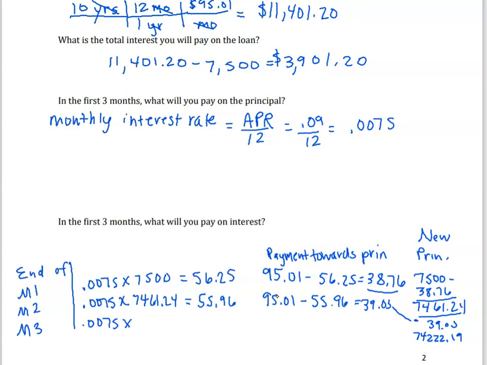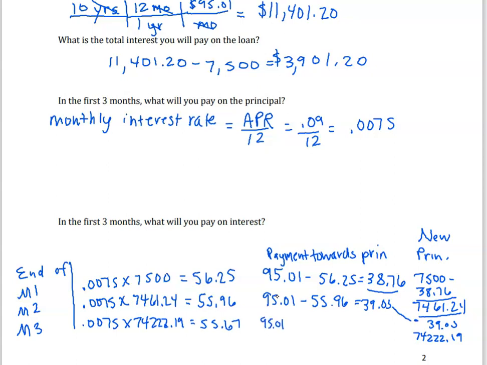Going into month 3, I don't owe $7,500. I owe this now, so I multiply those two. That gets me $55.67.